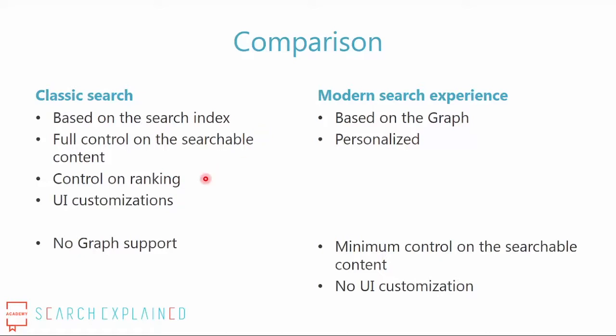We also have control over the ranking. We can create our own custom ranking model, and we can create query rules to modify the ordering of the items, etc. So we can control what is displayed and how everything is displayed. And therefore, we are in a controlled environment, and our users are in an environment that is controlled by us. And also, we can customize the user interface.